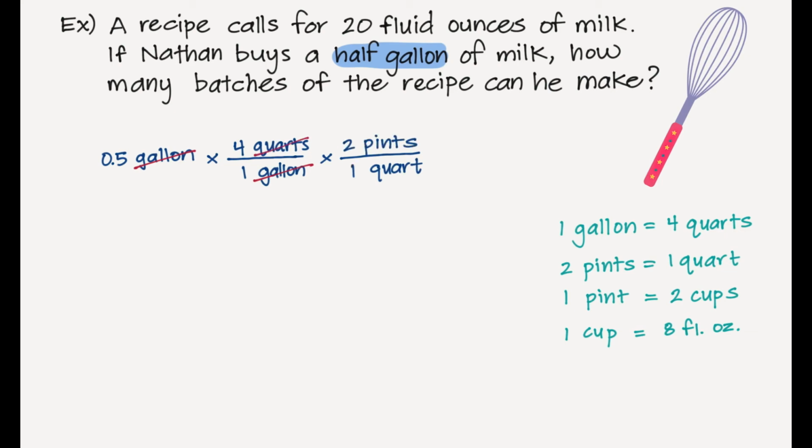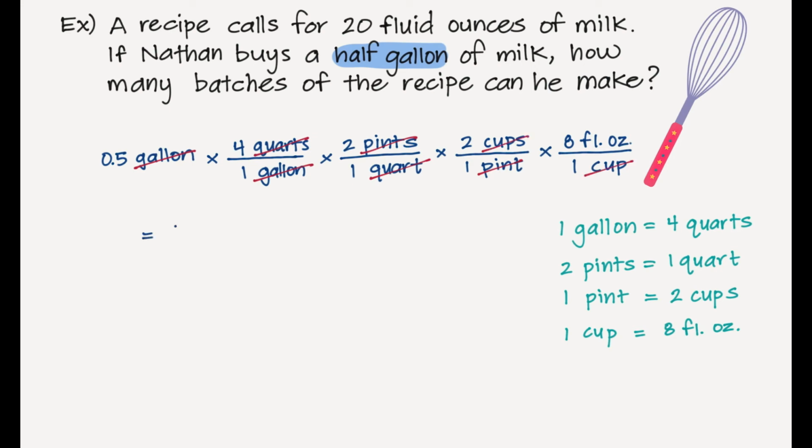And I can cross out quarts. And then let's see here. I know that 1 pint on the bottom is equal to 2 cups on the top. And this way I can cross out the pints. Final conversion, I can multiply by 1 cup on the bottom and 8 fluid ounces on the top. And then that will eliminate the cups.